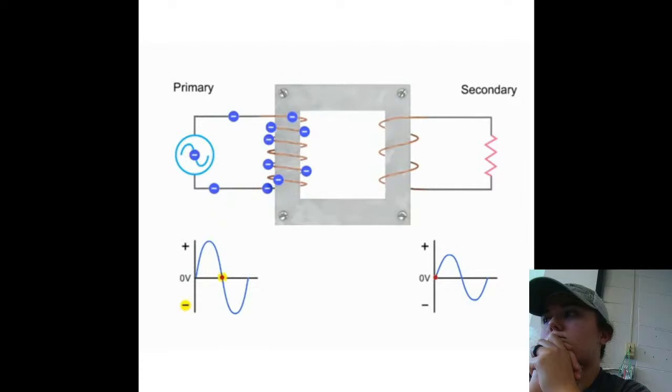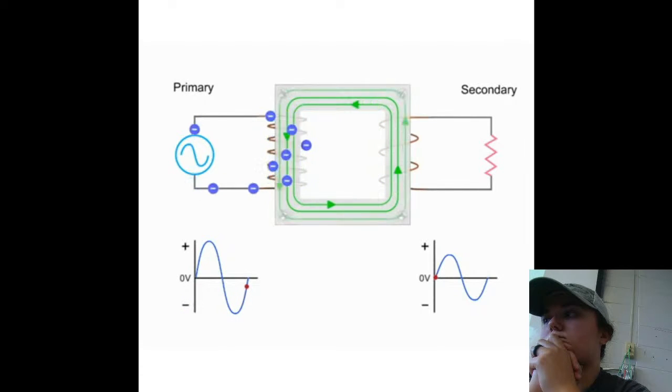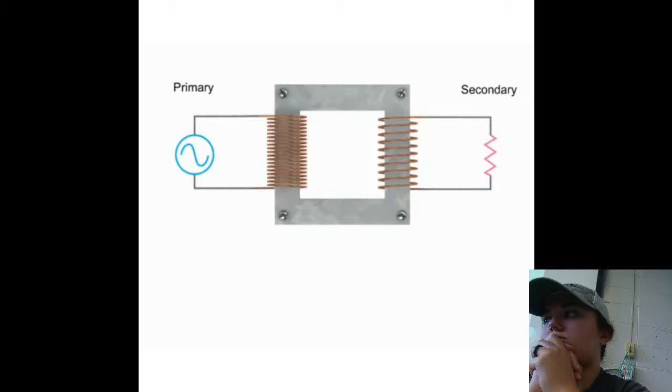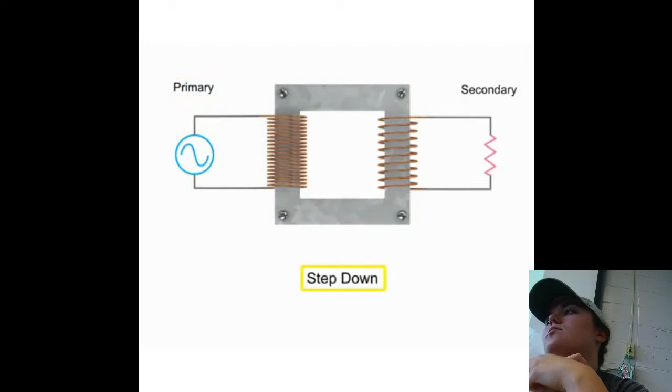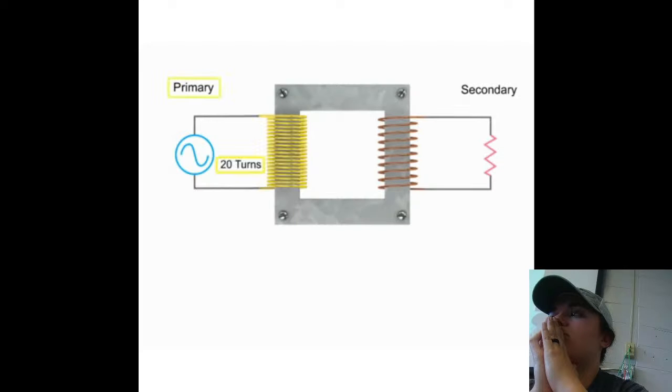The secondary coil converts the flux back into current flow and produces a voltage at the load or resistance in the secondary circuit. If there are fewer coil turns on the secondary than on the primary, this is called a step-down transformer. The resulting voltage in the secondary circuit will be less than the primary. In this example, we have 20 turns on the primary.